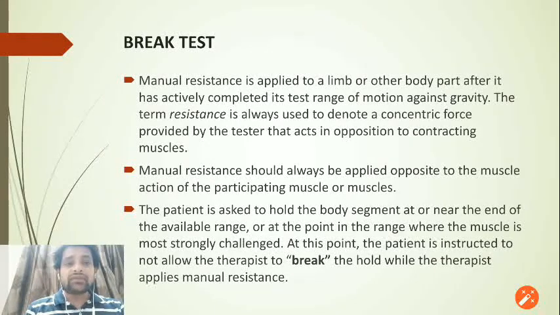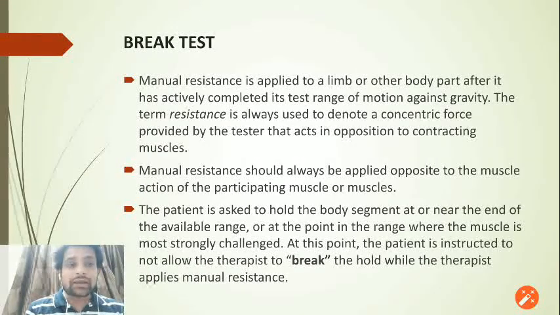Patient will complete the full range of motion, that means the full elbow flexion, or the patient will complete the full available range of motion of the elbow joint. So at the end range, we will instruct the patient to hold that body segment, or hold that elbow in the same position, while the therapist applies the manual resistance, and not allow the therapist to break the hold.